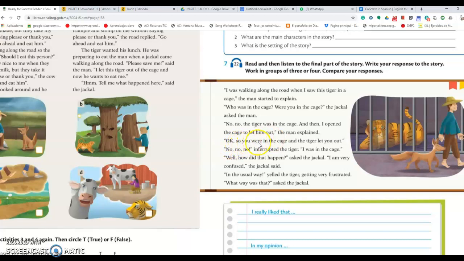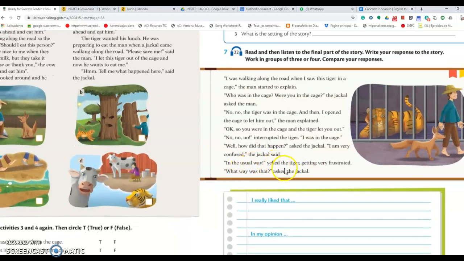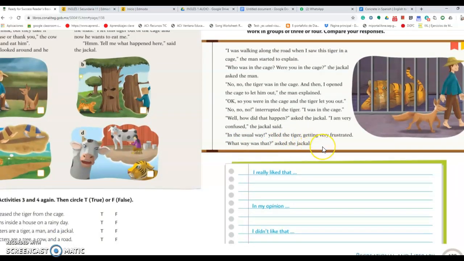Okay, so you were in the cage and the tiger let you out. No, interrupted the tiger. I was in the cage. Well, how did that happen? Asked the jackal. I'm very confused, the jackal said. In the usual way, yelled the tiger, getting very frustrated. What way was that? Asked the jackal.